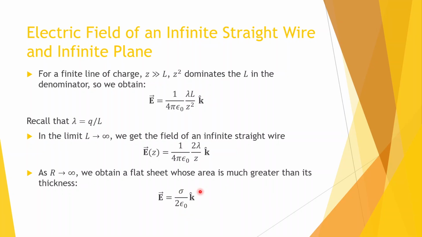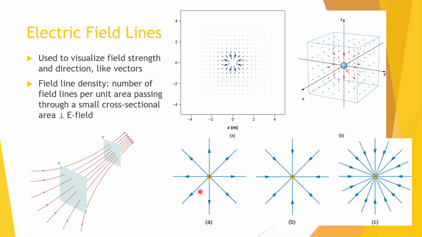Okay. All right, so let's look at electric field lines. And again, these are used to visualize field strength and direction. So very much like vectors. These are like vectors, but now putting them into a little more context, and there's more lines involved here. So let's look at this image first.